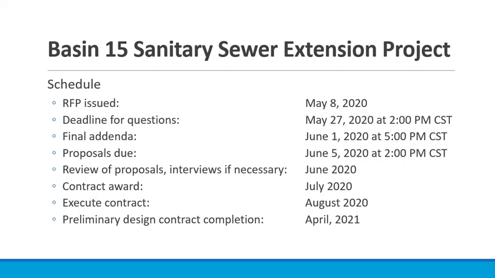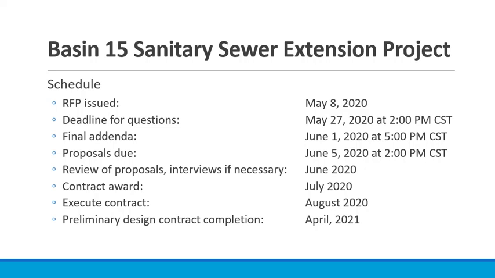The goal is to award the contract and begin negotiations in July of this year, with the goal of executing that first design contract, or this preliminary contract, in August of 2020. We will present that to council in August. That should put us at a notice to proceed in late August 2020, early part of September 2020.